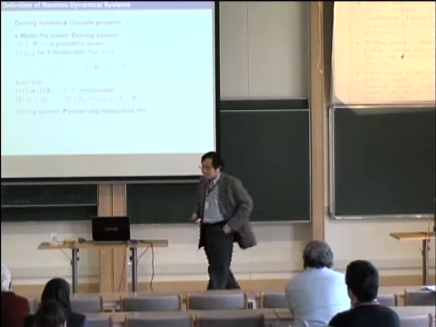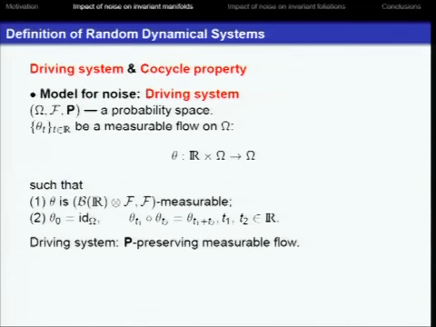And so a model for noise means a driving flow, a driving system. I think Michael called it a magic system. I prefer to call it a driving system. You have a probability space, and you have a deterministic dynamic system, theta t, on that probability space.